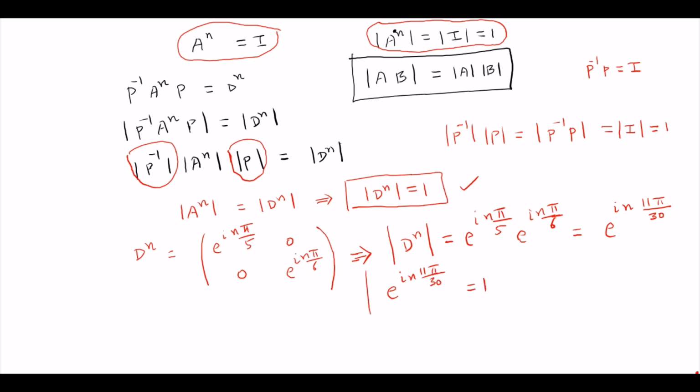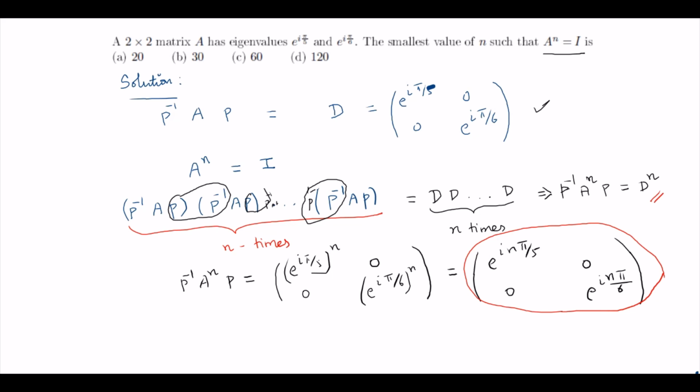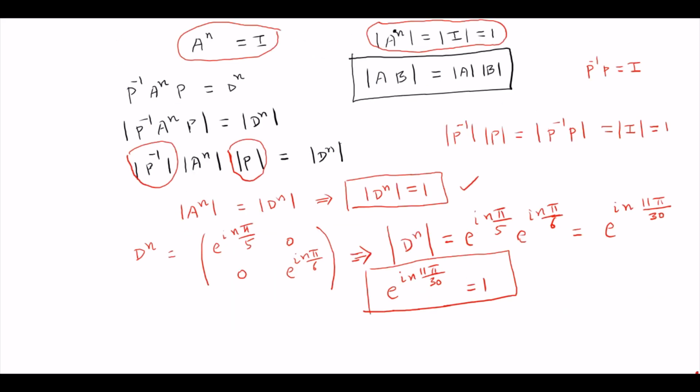So we have to find the solution. That is, we want to get the value of n from here. The question is the smallest value of n such that A power n is equal to I. The smallest value of n we have to calculate. In order to do that, let us solve for n: e^(i n 11 pi/30) equals 1.